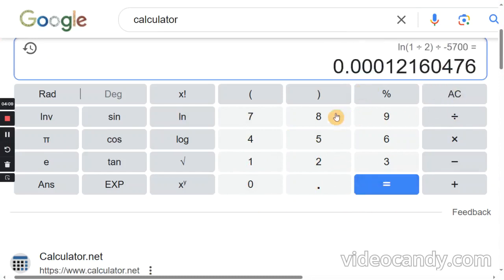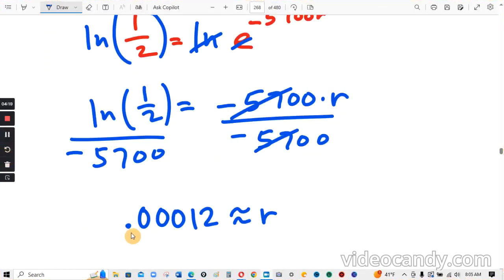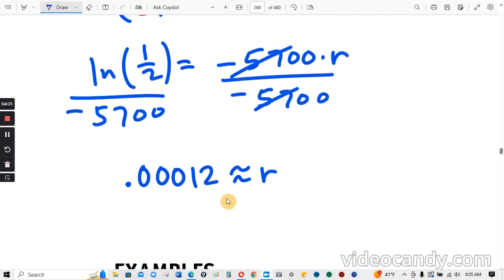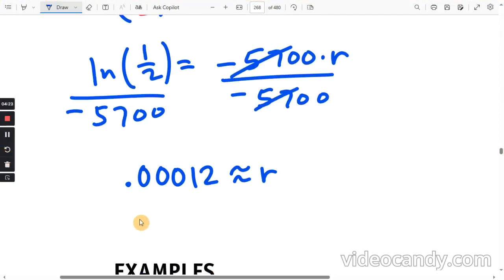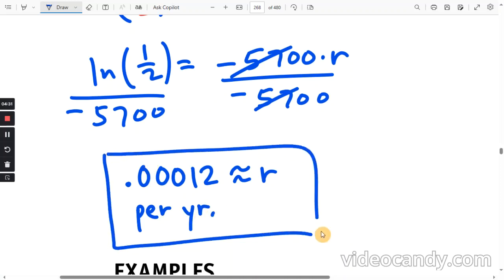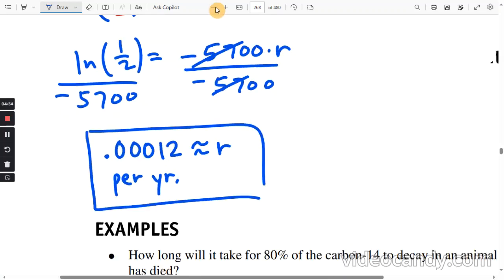Hit equals, and rounding off, 0.00012. Normally we convert that to a percentage, but we're going to be using that in the examples, so I am just going to leave it as a decimal. And like we said, that is the rate per year.